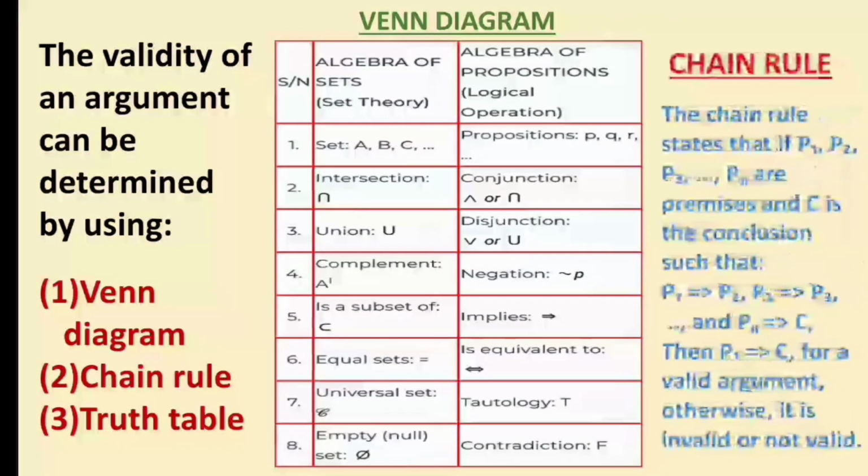Also, knowing something about chain rule, the chain rule states that if we have premises P1, P2, P3 and so on, and the conclusion C, so that premise P1 implies premise P2 and premise P2 implies premise P3 and so on until the last premise Pn implies the conclusion, then we can have a chain as the first premise P1 implying the last conclusion C. If it happens this way, the argument is a valid argument.